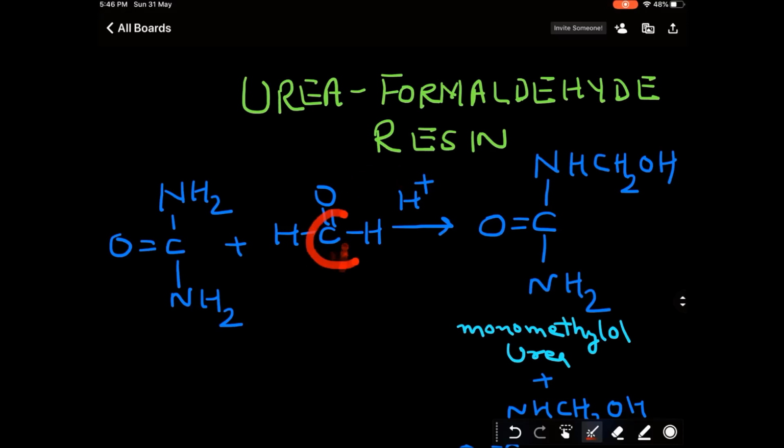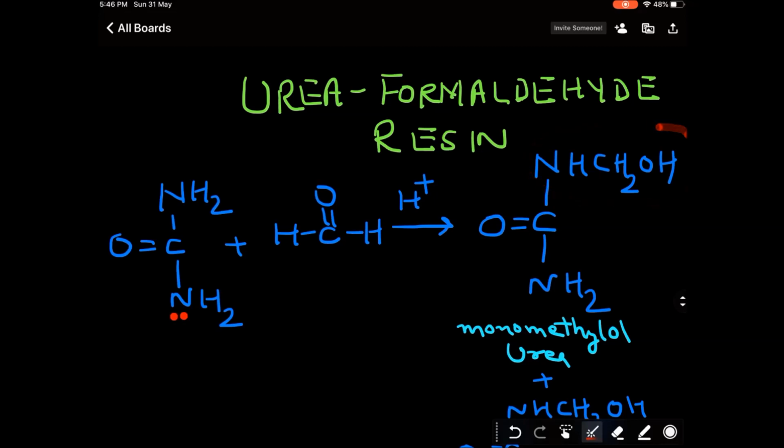When the positive charge on this carbon increases, this nitrogen will attack at this, giving us NH2CH2OH. And subsequently, because this nitrogen gets a positive charge, it will lose a proton and as a result you get NHCH2OH.